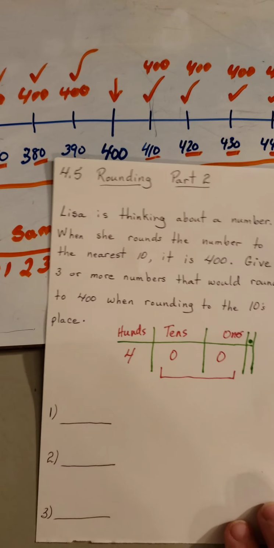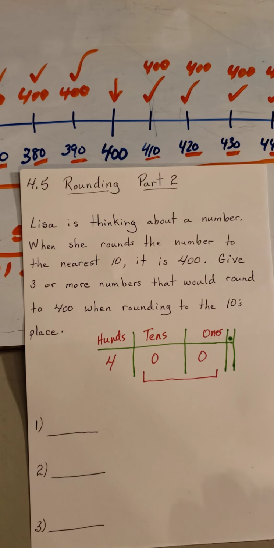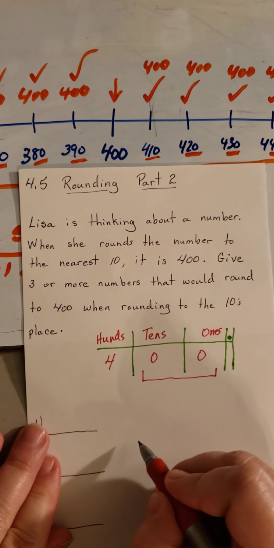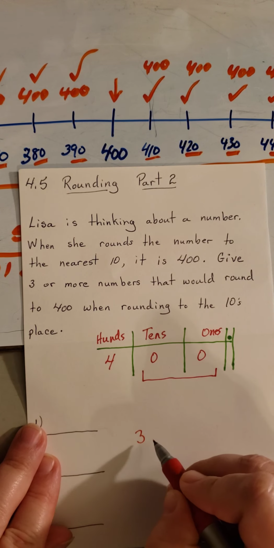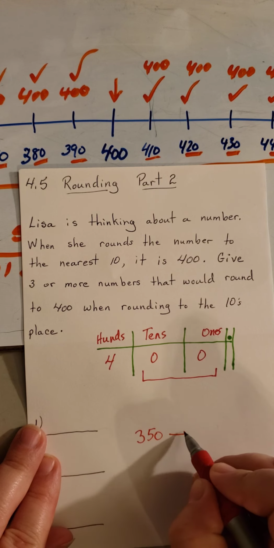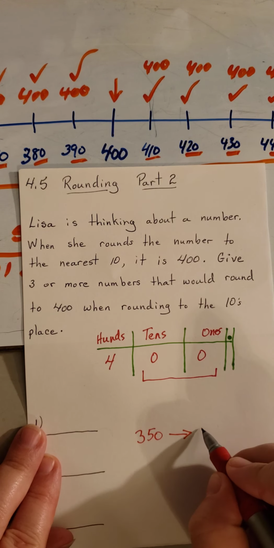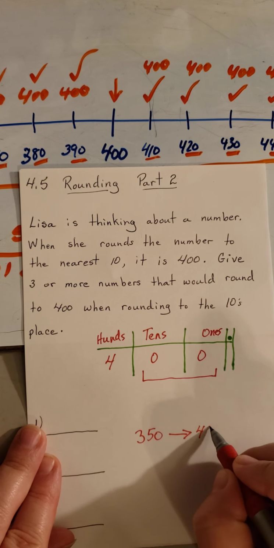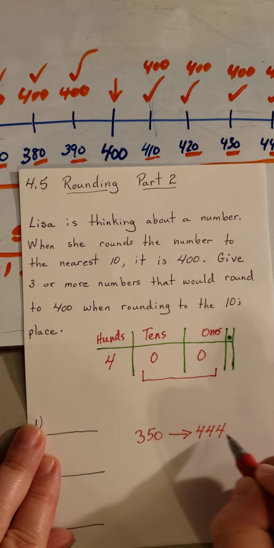So if I'm looking at my paper and I'm trying to decide what answer I want to write, well, my answers could be between 350 all the way to 444.